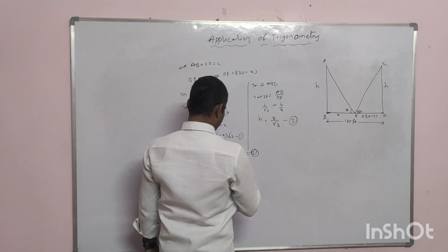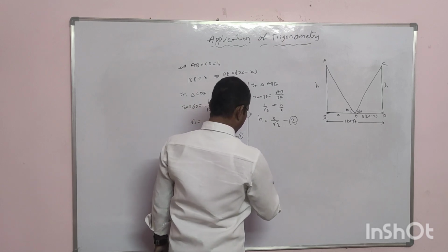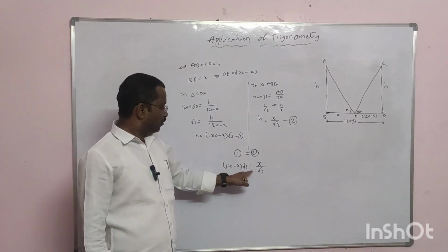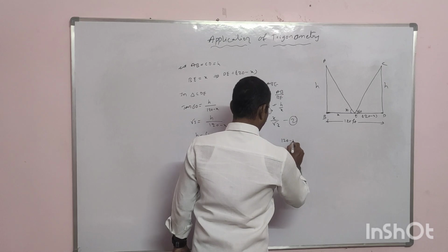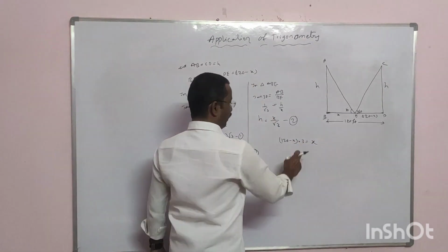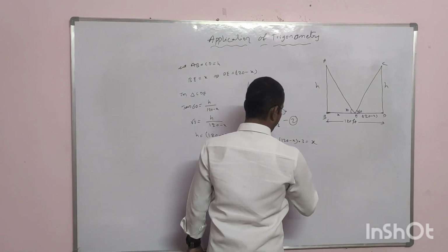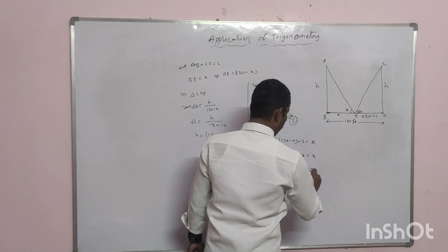Appo emaitundana 120 minus x root 3 is equals to x by root 3. Root 3 into root 3, 3. So what we have? 120 minus x into 3 is equals to x. 3 into 120, 360. Minus 3x is equal to x. 360 is equal to 4x.